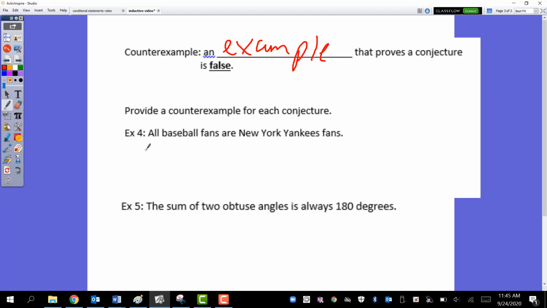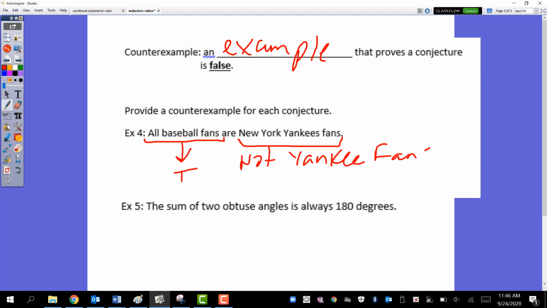This sentence says all baseball fans are New York Yankee fans. Now we know that is not true, even though in my mind it is true, but in real life it's not really true. So what you need to do is think of another baseball team, so that part is true, but they are not Yankee fans.